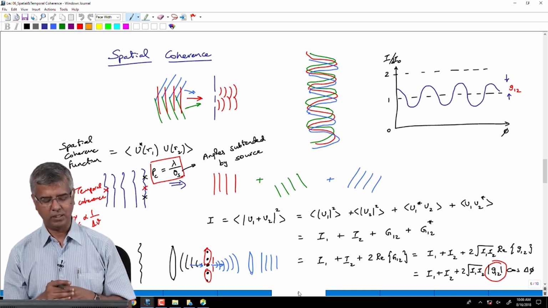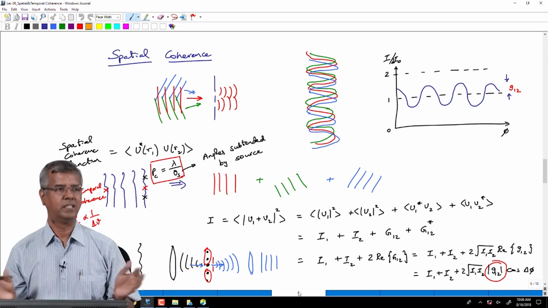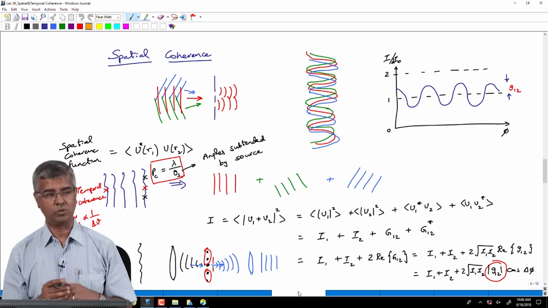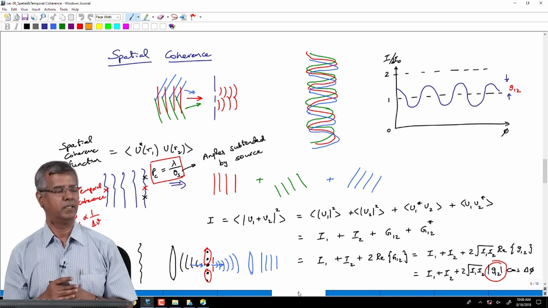So, in other words, if you have a large range of angles subtended by the source, as in the case of an LED, which is a very good example, then you may have very little spatial coherence. That means it is far away from being a plane wave.